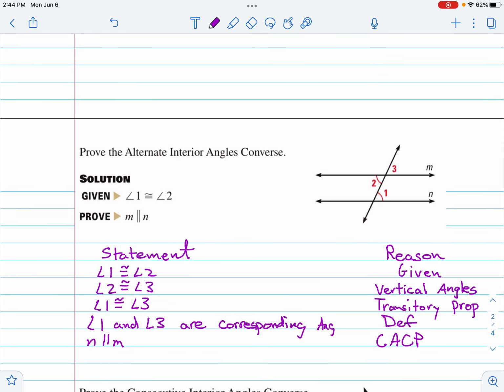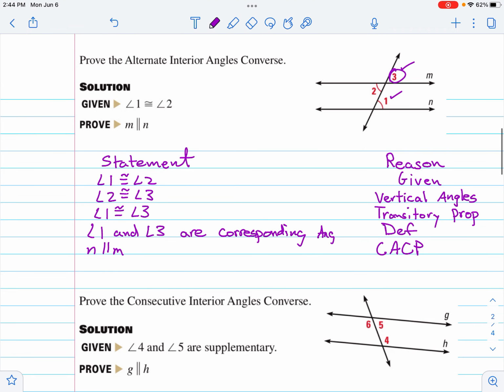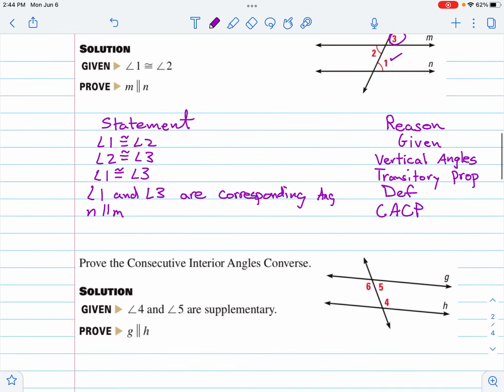In other words, I need to know something about this angle. If I know that angle 3 and angle 1 are congruent, well, that's that postulate. So I worked toward that. I said, well, angle 2 and angle 3 are congruent. And since angle 1 is congruent to angle 2, angle 1 is congruent to angle 3. So it worked out that way. So that's the way you think through this.